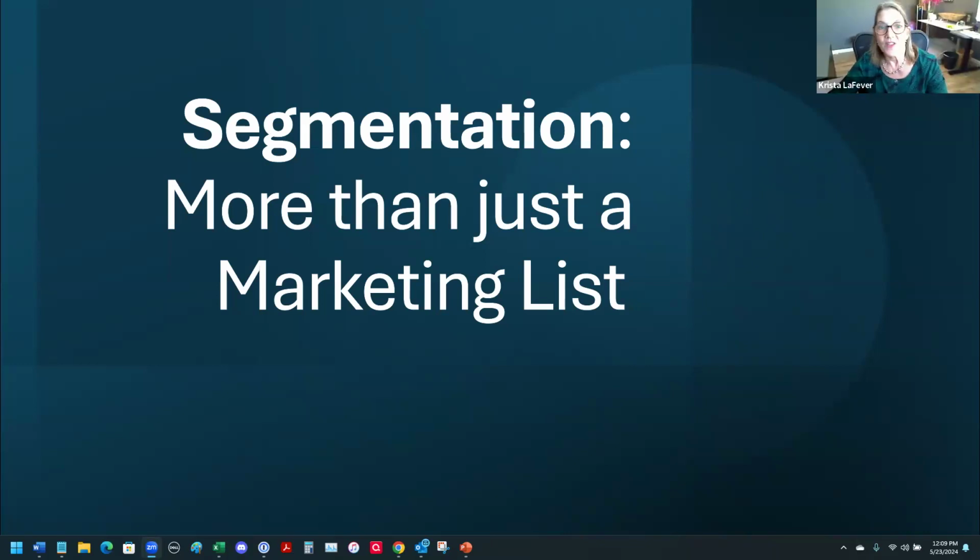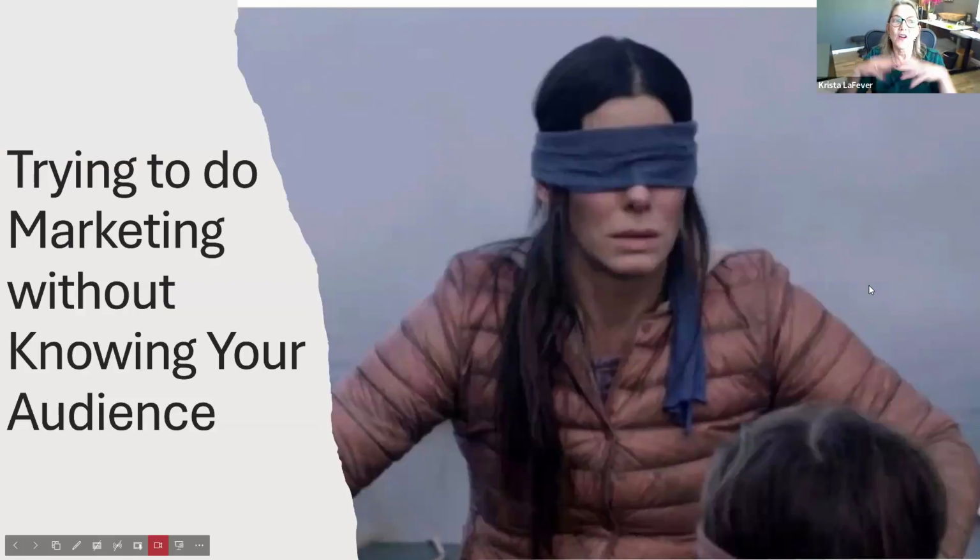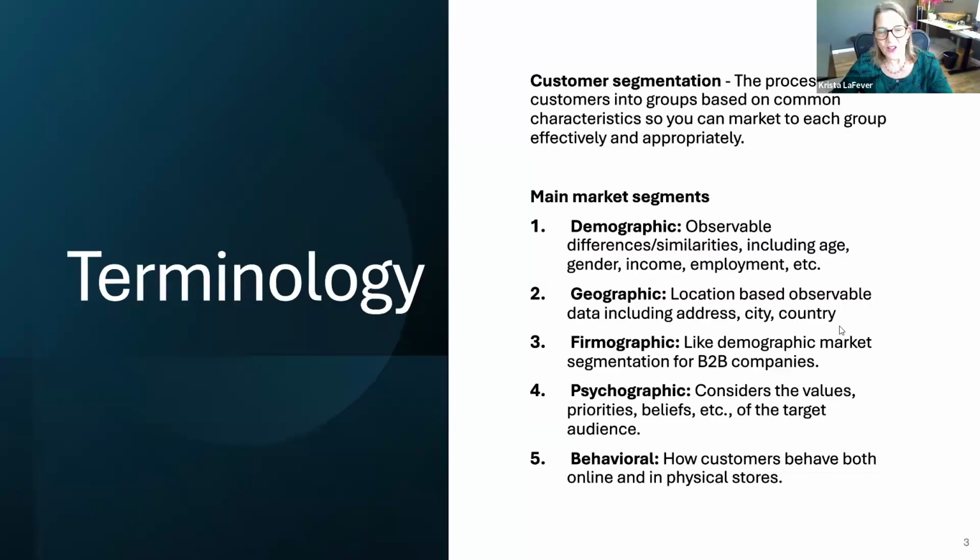Segmentation, more than just a marketing list. If you are trying to market without knowing who you're marketing to, you're basically going to be blindfolded. This is what it looks like if you're trying to market without knowing your audience. We're going to talk a little bit about some terminology.